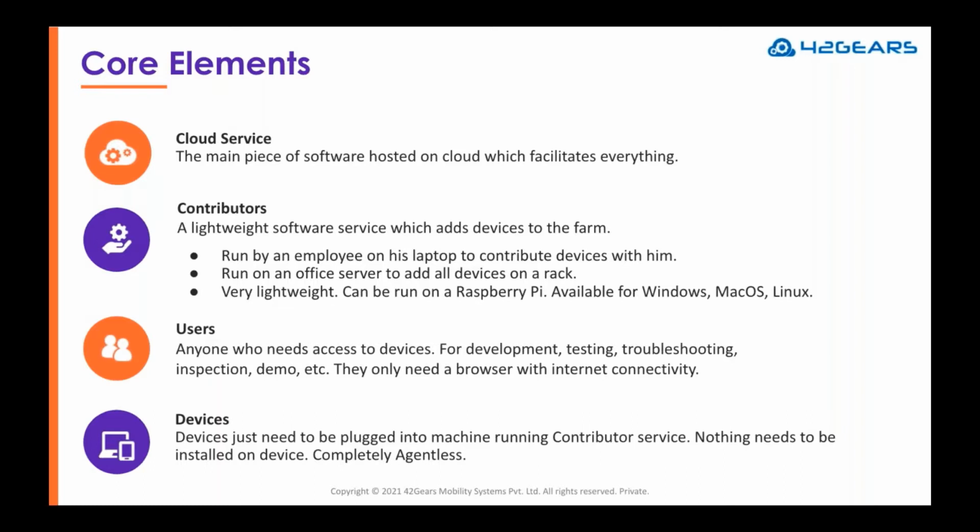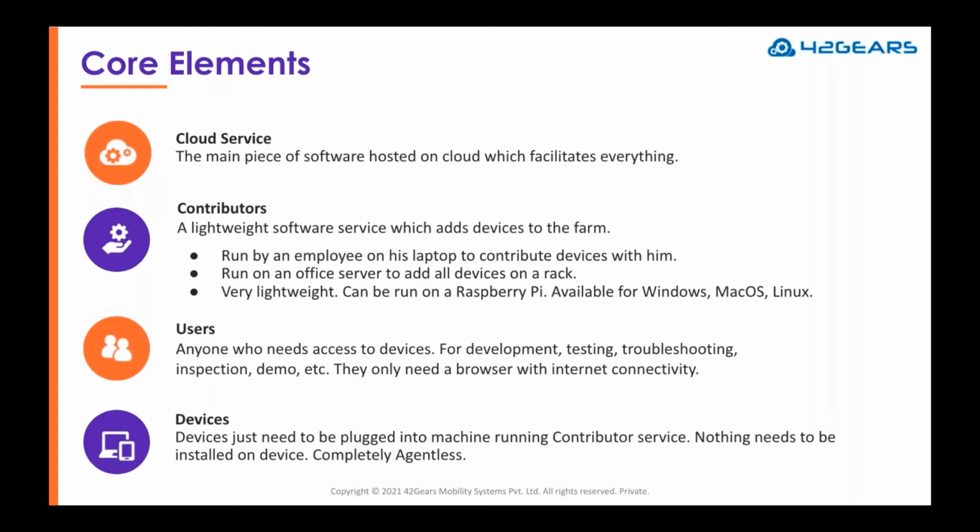Then once the cloud service is up and running, there is a lightweight software service called the contributor service, which is responsible for adding the devices to the farm. This contributor service can be run on any person's laptop, and it can be run on an office server of yours, so that all the devices that you have in your rack in the office premise, from a single office server running this lightweight software service, you just plug the devices into a USB hub and plug the USB hub into the server, and all the devices get added to the farm automatically.